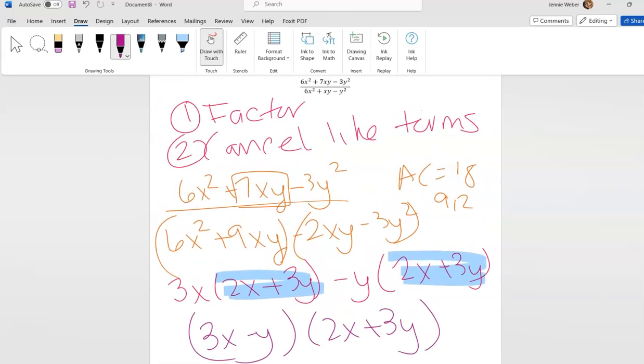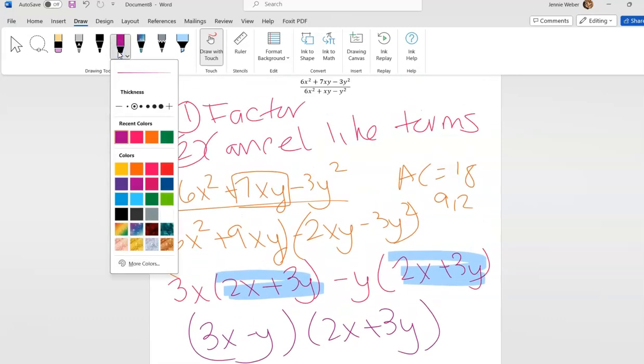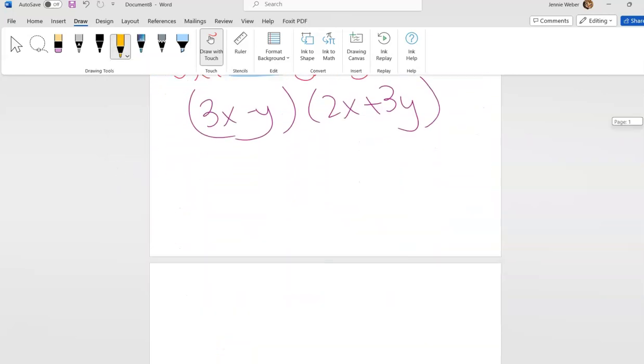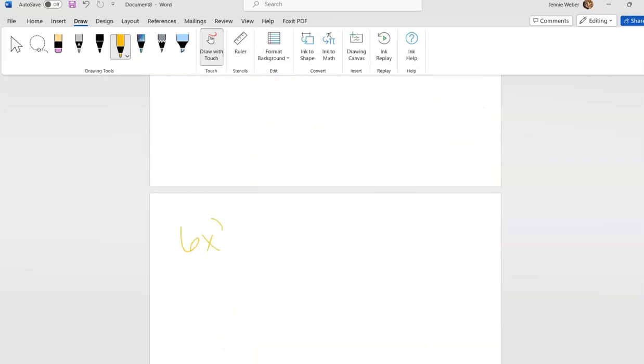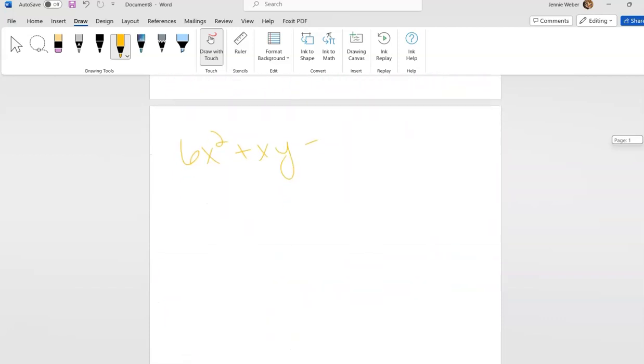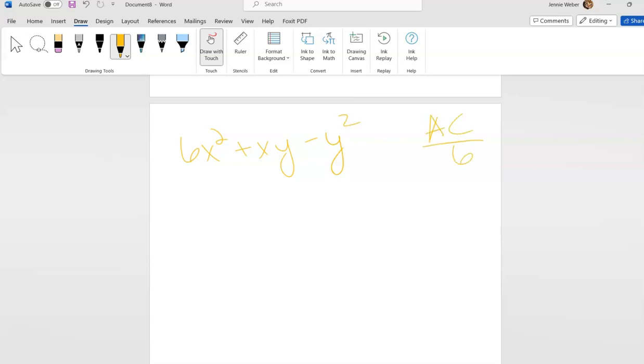Now I've got to do the bottom. So I did half of that, right? So I have 6x squared plus xy minus, I think it's a minus, plus 6x minus y squared. Okay, so my AC term is going to be 6, so it has to be 2 and 3, right? It's got to subtract.